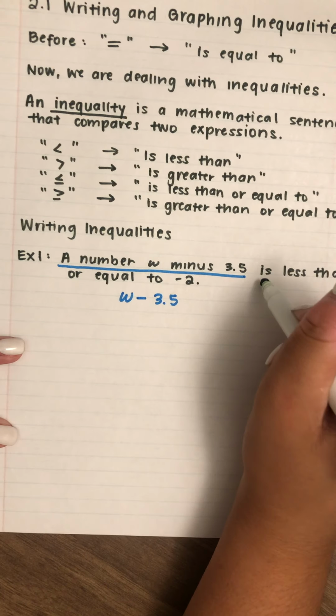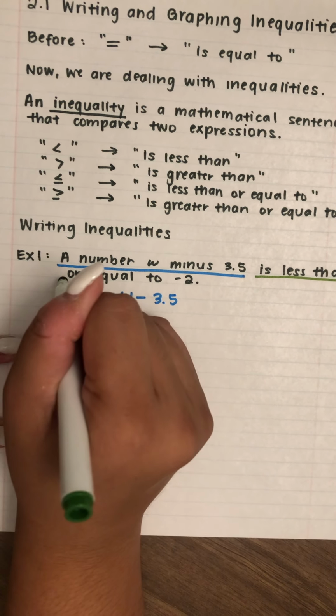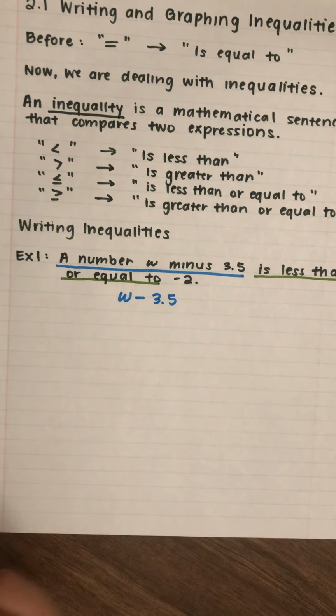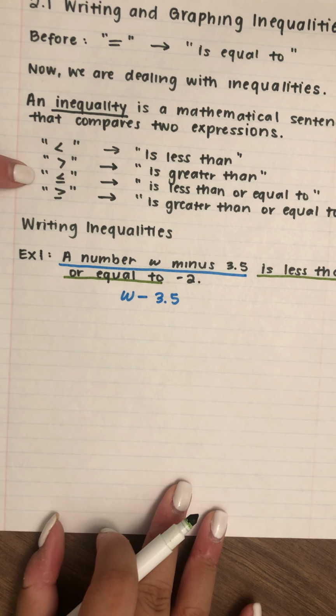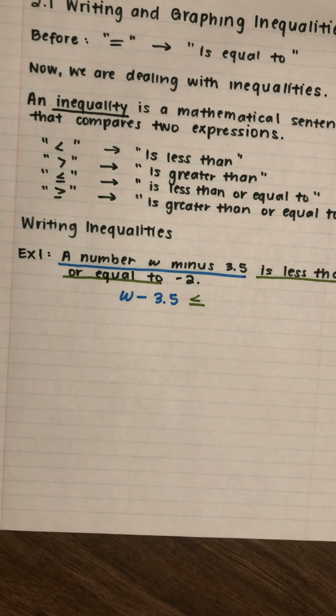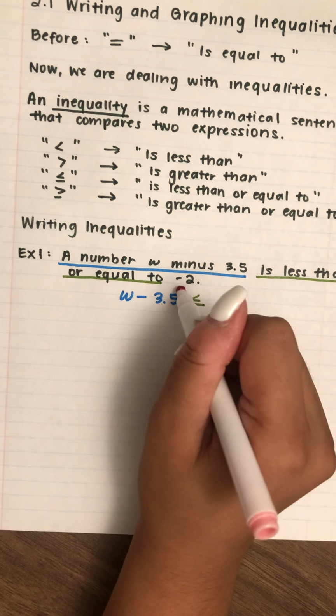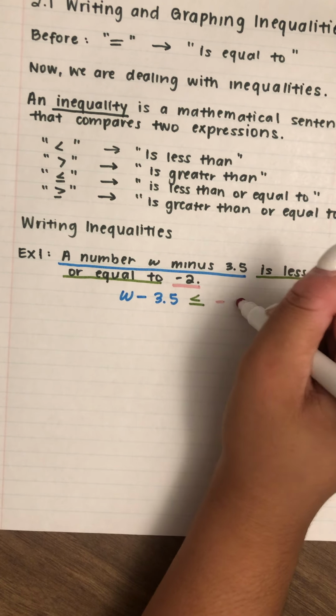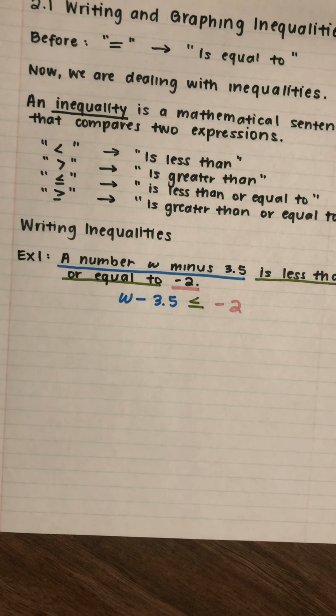And then the next part is saying is less than or equal to, and we know that that sign is this one right here. And this last bit of our sentence will tell us the last part of our inequality.